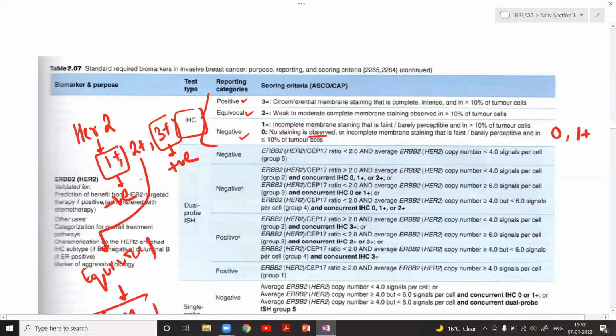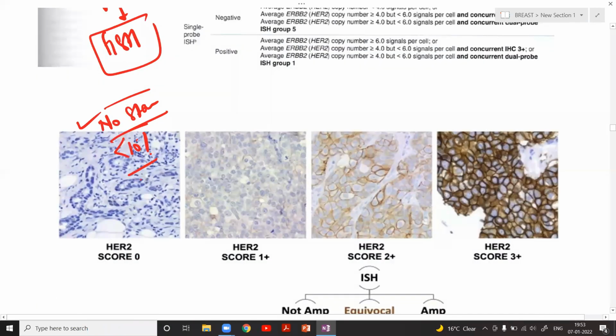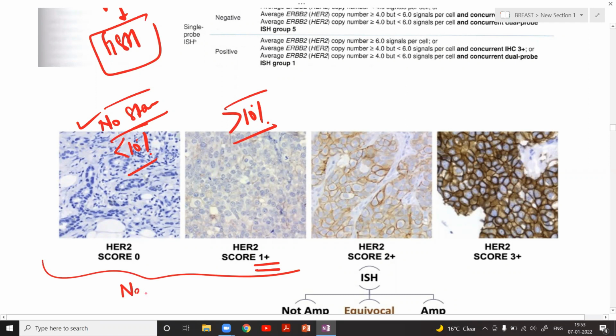Score 1 is when there is incomplete membrane staining, faintly seen, in more than 10% of cells. Remember, score 0 and score 1 are taken as negative.